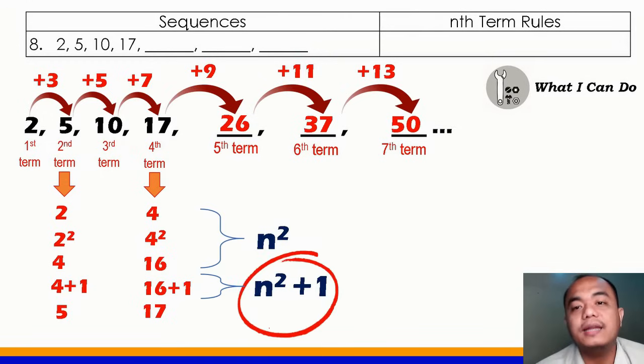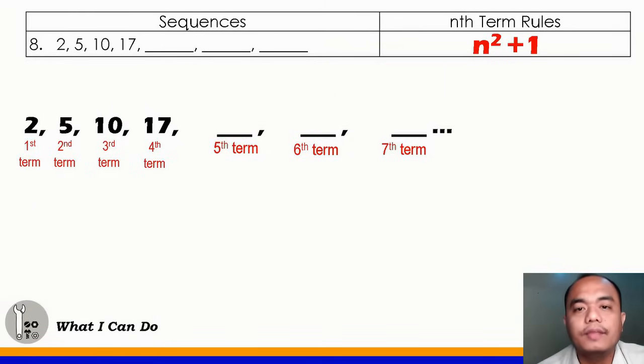So, this is the final nth term rule for number 8. The nth term rule for number 8 is n squared plus 1. We will use this nth term in finding our 5th, the 6th, and the 7th term.